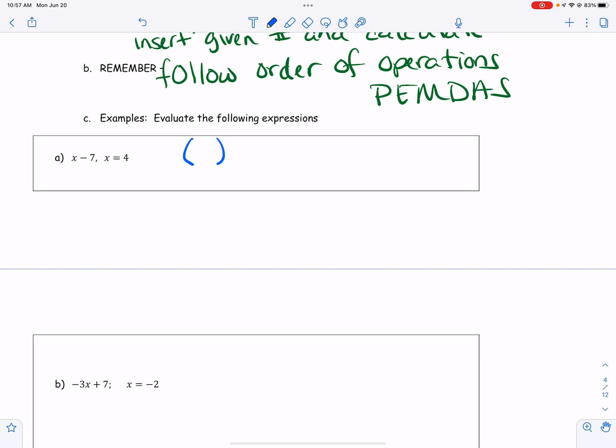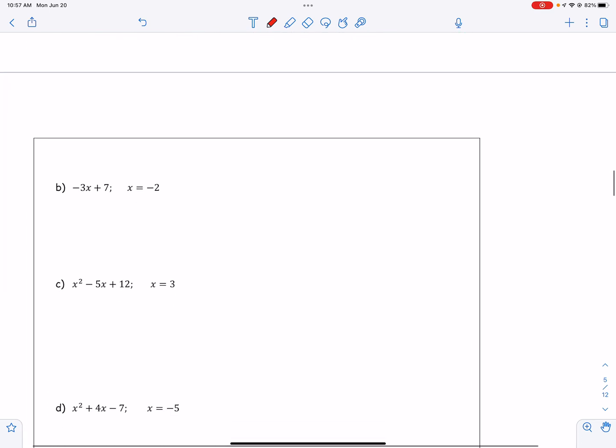You're going to replace the x with parentheses, and then insert this value inside the parentheses. It's really important that you do the parentheses in case you have negative signs that need to be calculated just a little bit differently. Then you're going to simplify, and 4 minus 7 gives me -3, and that's the evaluation.